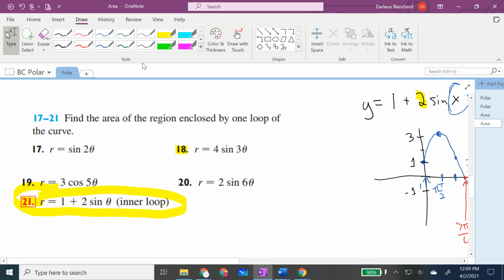Otherwise, they might give you a rose curve like number 18 and ask you to find the area of the region enclosed by one loop or one petal of that rose curve. And if you understand how to graph the Cartesian graph, a loop is created between an r equals 0 and another r equals 0.